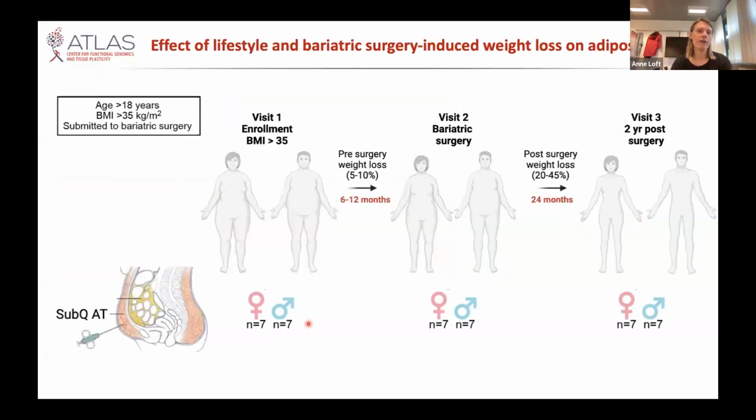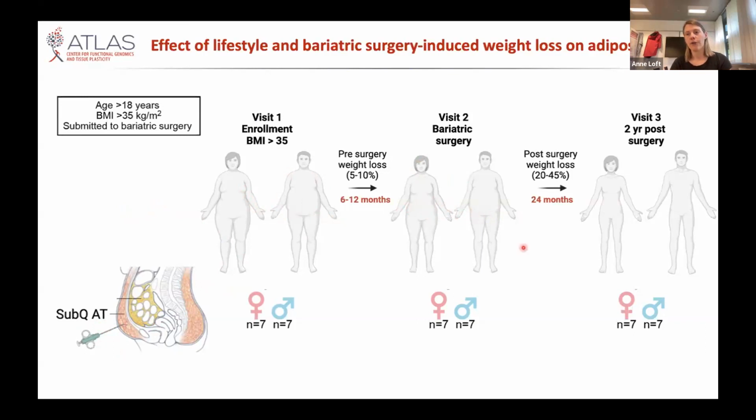For this, we conducted a longitudinal study where we enrolled obese individuals, 7 females and 7 males, for a bariatric surgery. We took a biopsy of their subcutaneous abdominal adipose tissue, both at the time of enrollment, and then again following 5 to 10% weight loss due to a low caloric diet that the participants had to undergo in order to get this bariatric surgery.